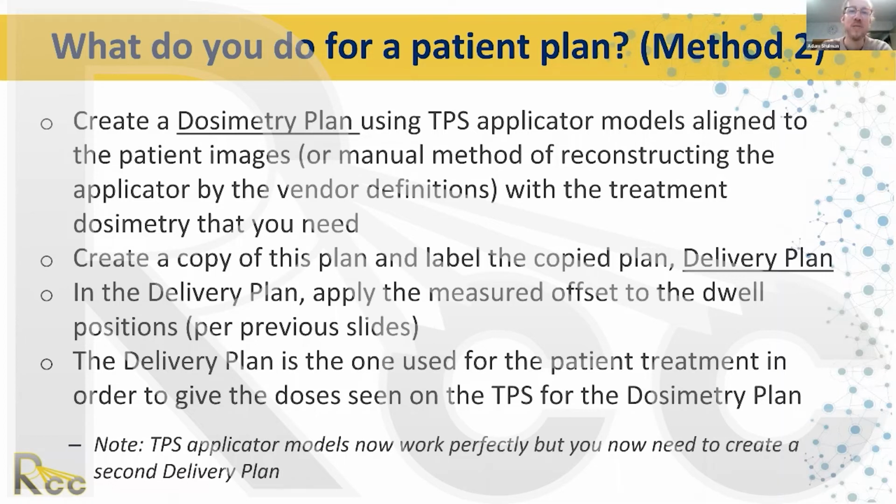So they've used that approach where they've had the dosimetry plan and then a second delivery plan. Other colleagues of mine have preferred just doing the reconstruction themselves, that offset past where the model applicator file falls. And then you only have one plan. Your dosimetry plan is your delivery plan. It's just a little bit more time consuming to actually reconstruct the ring.